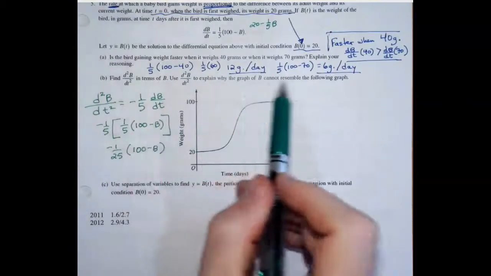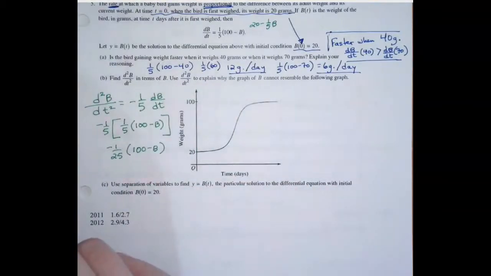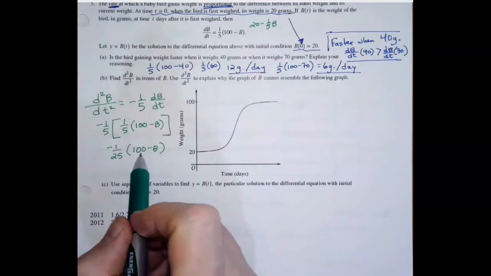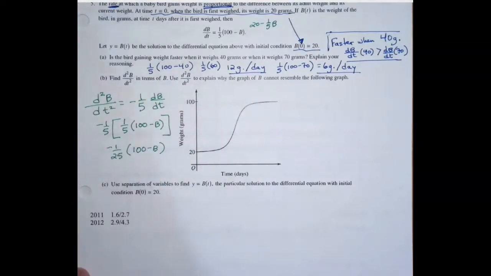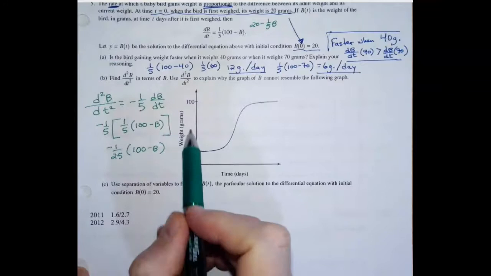Use that to explain why this graph cannot be the graph for that. Alright, so the bird's weight is going from 20 to 100.